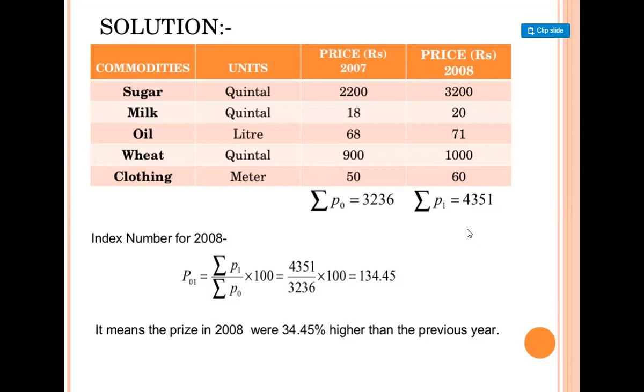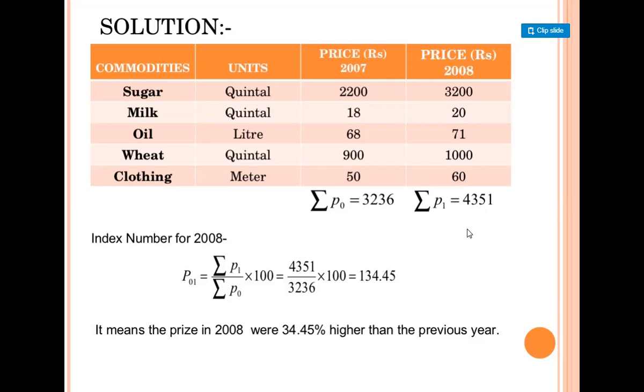Now we find summation P naught, the total of all the different commodity prices, which is 3236. Then the total of the different commodity prices in 2008, summation P1, is 4351.